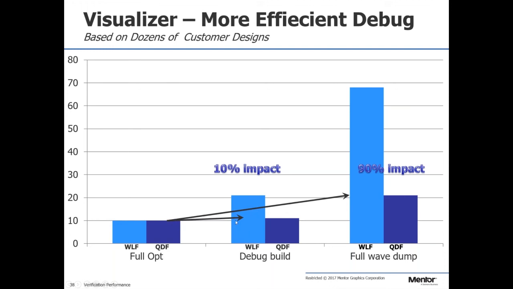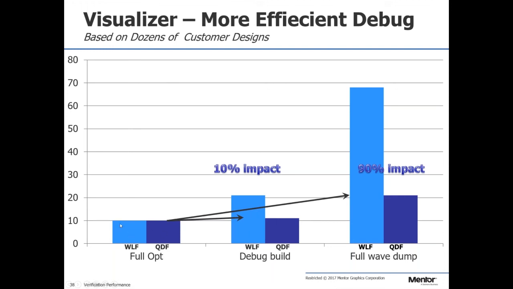The same switch, you don't use +acc if you're using Visualizer. You say -debug, and that has almost no effect on how much time it takes. Now you say, let's collect all of the signals in the design. Let's do a log -r /* and collect all the wave data.